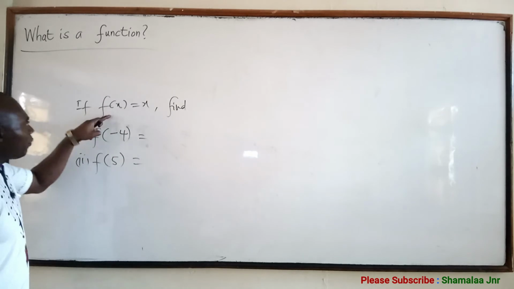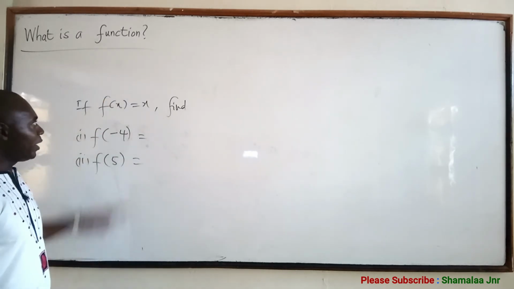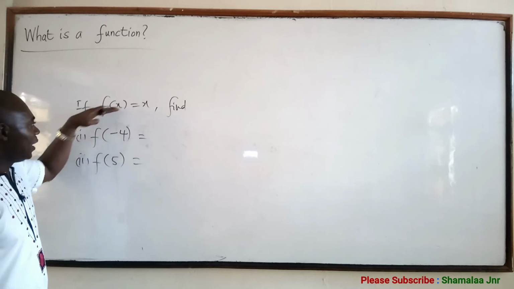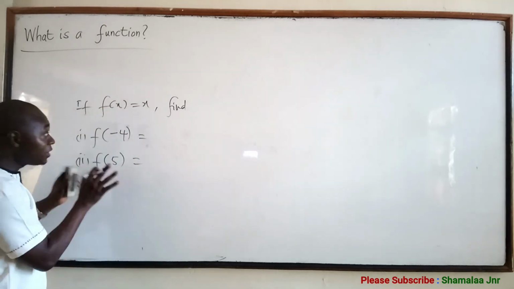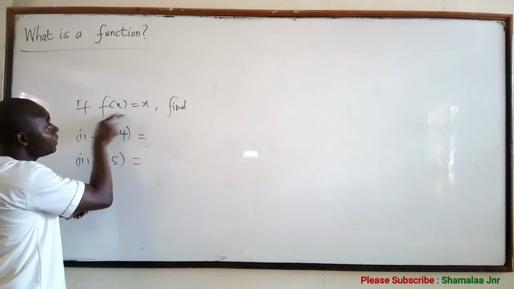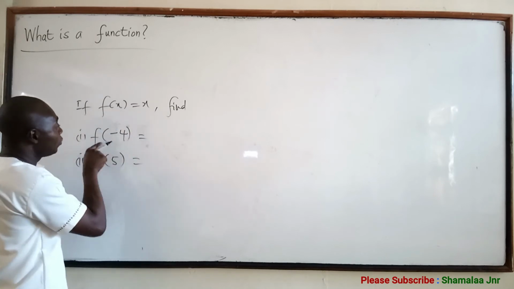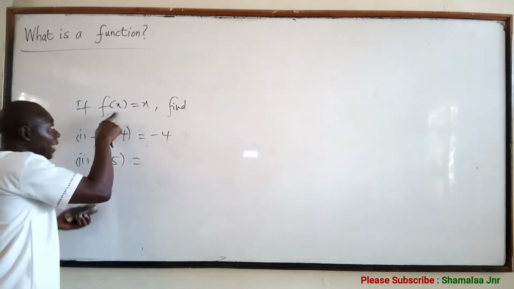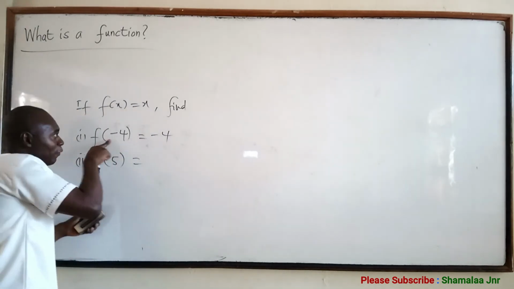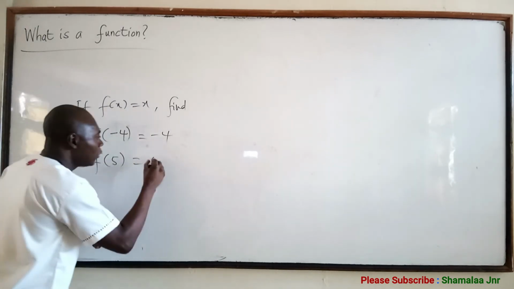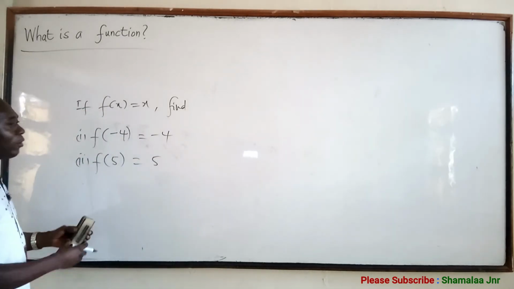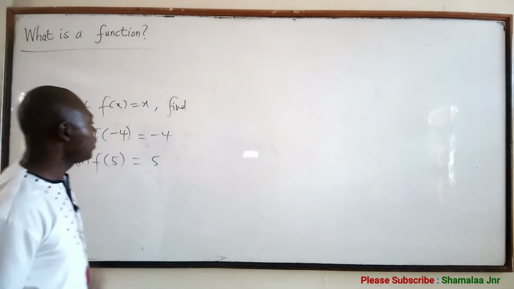Viewers, you see f of x is equal to x. When it happens like this we call it the identity function. So what this simply means is that wherever you see x, write negative 4. So f of negative 4 will be negative 4. F of 5 will also be 5. So you say f of 1000 to be 1000. So we call this one the identity function.